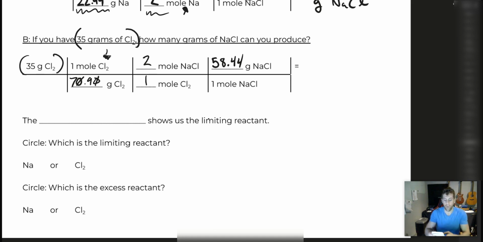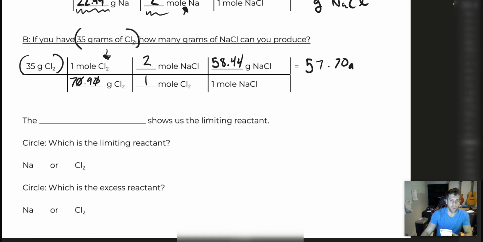Let's do the math. We have 35, just doing the numerator on the top, times 1, times 2, times 58.44. We get 4,090. And we divide that by parentheses 70.9 times 1. You don't need to do the times 1, but whatever. And we end up with 57.70.